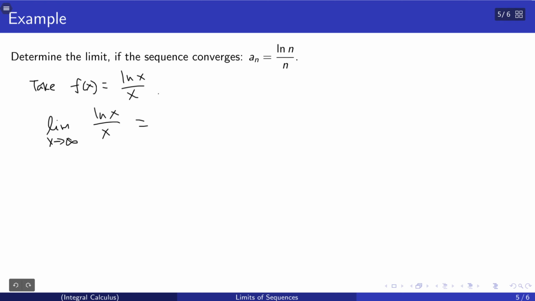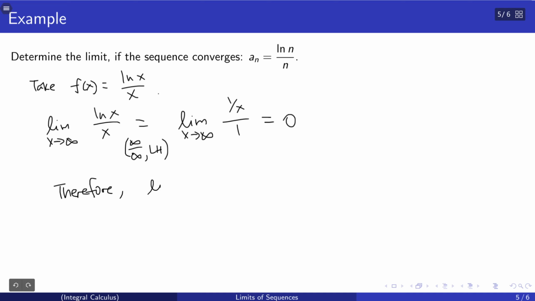Okay, so that's infinity over infinity. So you apply L'Hopital's rule, take the derivative, 1 over x over 1, and this is now 0. Therefore, the limit as n goes to infinity of ln n over n also goes to 0, by that same theorem that we talked about before.